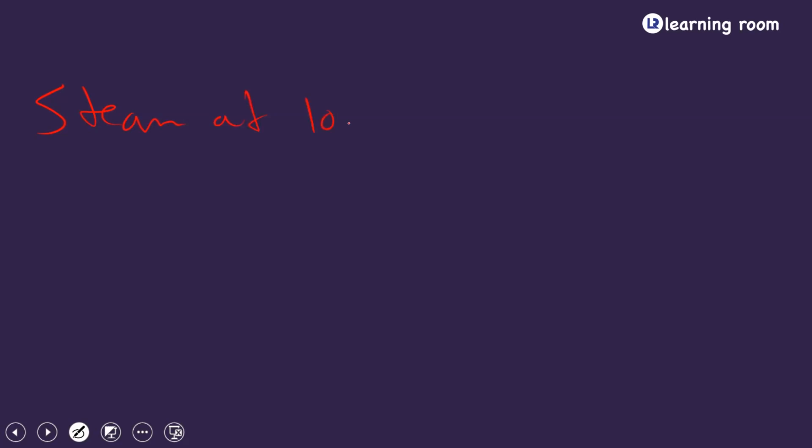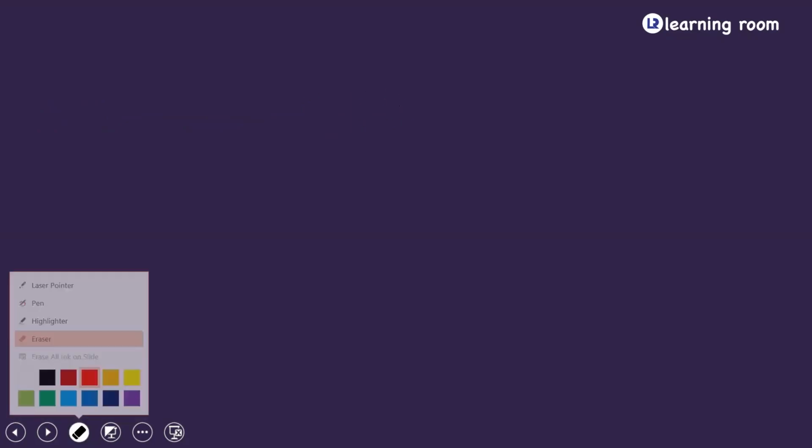Steam at 100 degrees Celsius. Or you know what, we'll do this some other time, I think. It's better we do this the next time, because there are some concepts that we would like to clear, and you can go through it later on. Then it will make more sense.